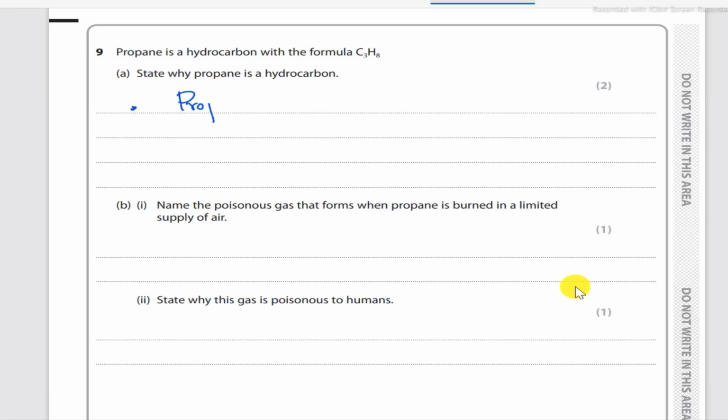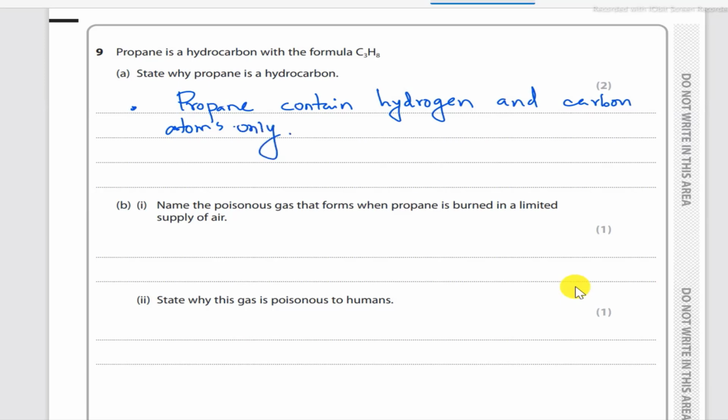Propane contains hydrogen and carbon. So propane contains hydrogen and carbon atoms only.